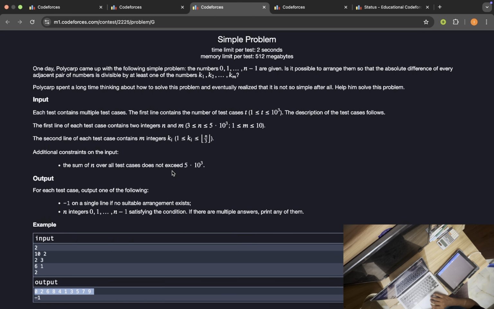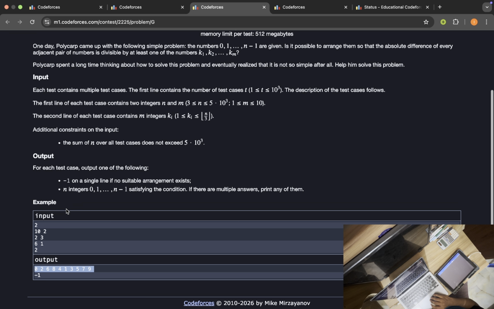K isn't given. The difference of every adjacent pair of numbers is divisible by at least one of the numbers k1 to km. The second line contains m integers. Okay, 2, 3, makes sense.